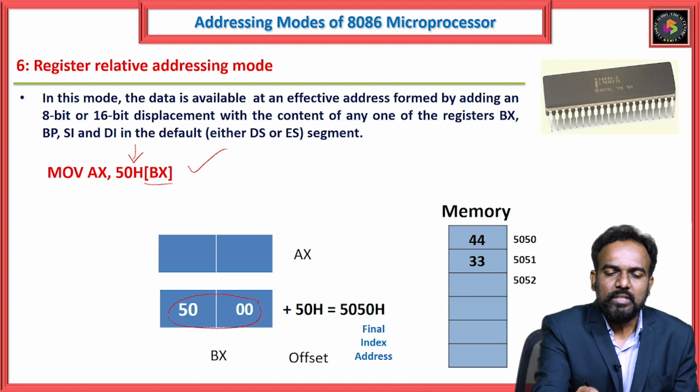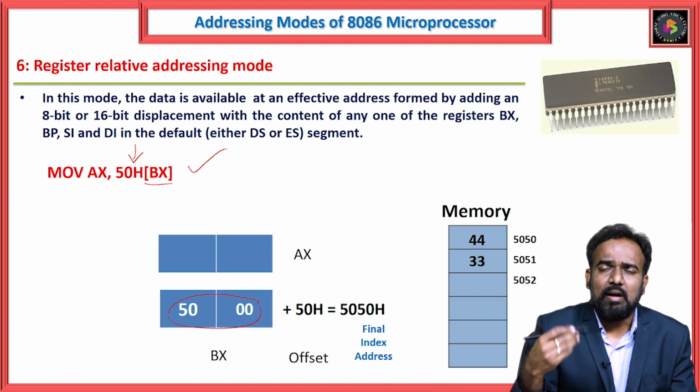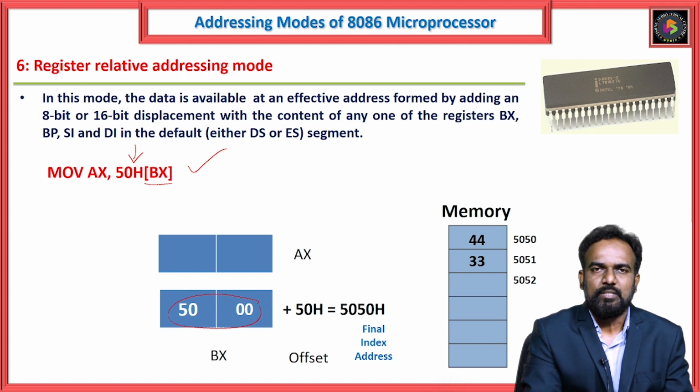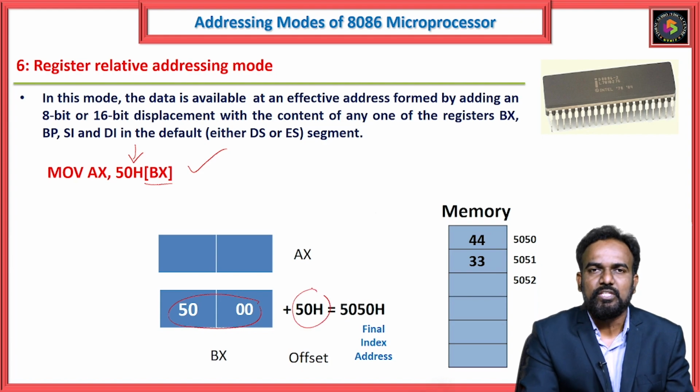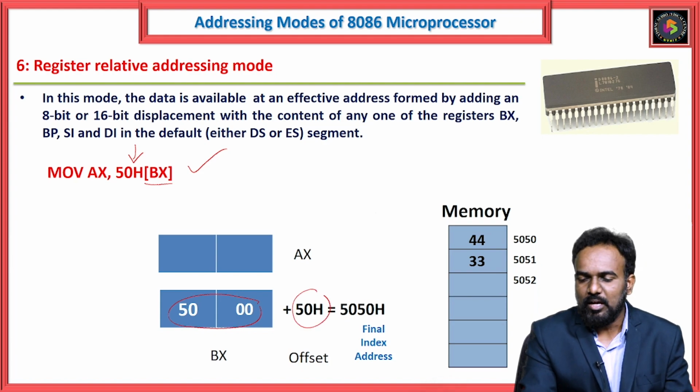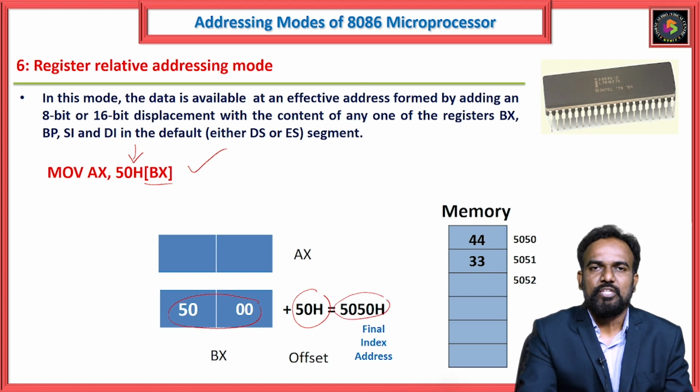And here we are adding some additional address. That additional address we call the displacement. Here we are going to add 5000H plus the 50H. In total we get the final index address, 5050H.